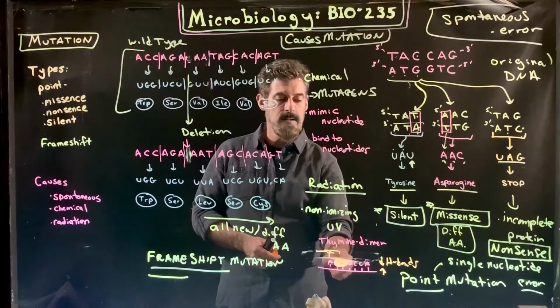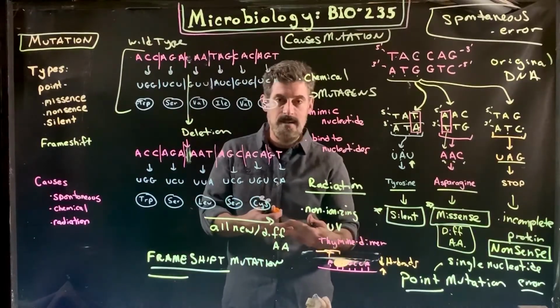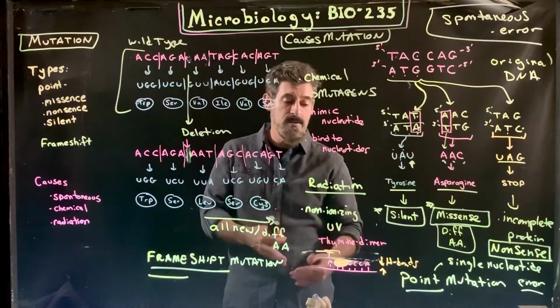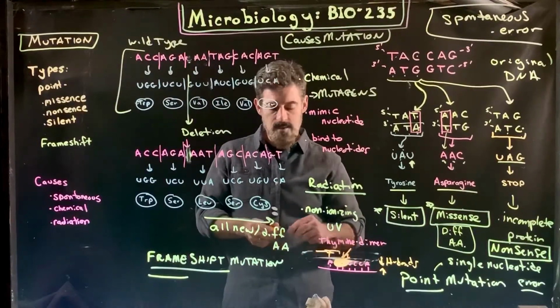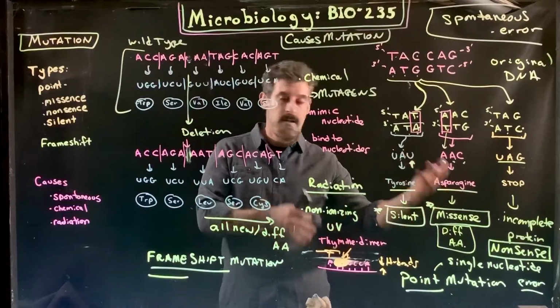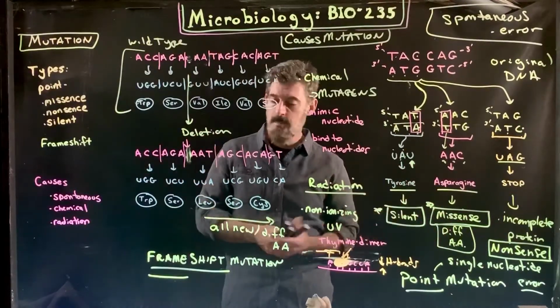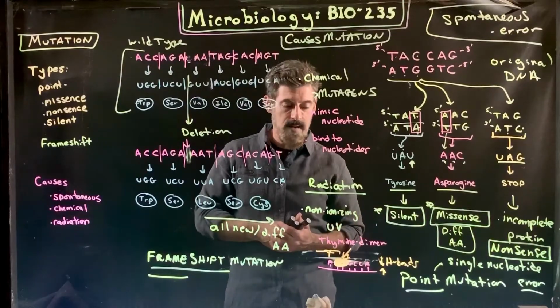We don't know what that is right now because it's the two T's joined together. Are they T's? Are they A's? Are they G's? And then you get an error in the DNA replication process, which puts an error into that gene, which will eventually be misinterpreted when it's expressed as RNA.